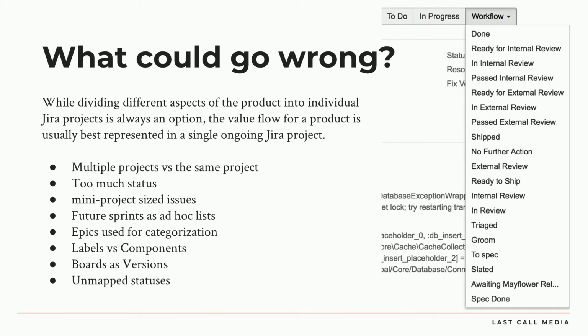So what could go wrong when we are not in alignment? I described some things, but specifically the first one I want to touch on is let's say that we are a team and we're focused on a particular aspect that's been brought to us to work on. We could work on those tasks within a project with other people within that same project, or we could create our own project.